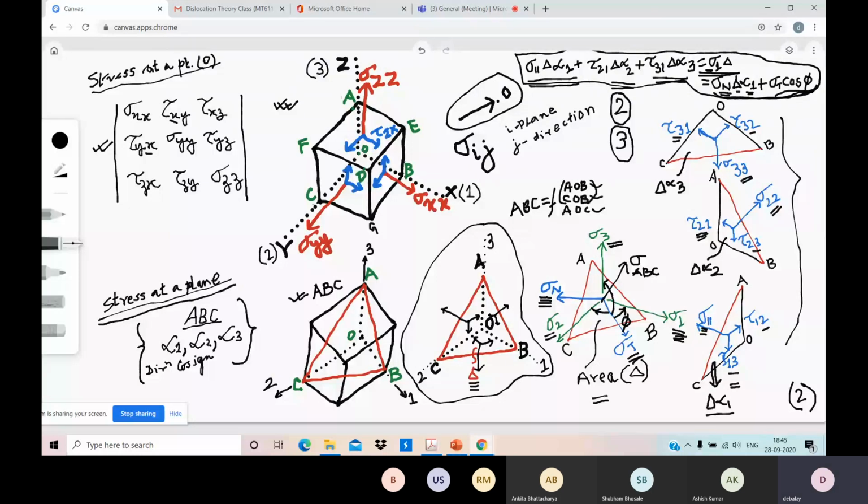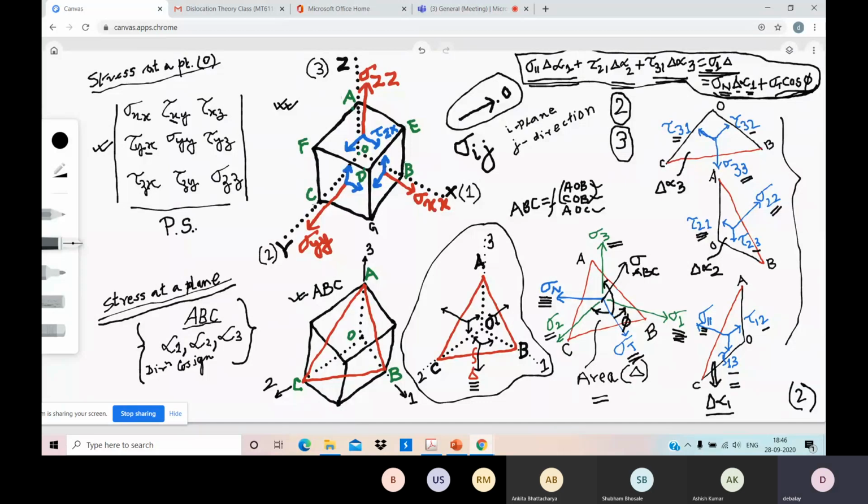Now we have an important consideration. You have the generalized form already defined. Now we have an important consideration that there is a term called principal stress. What is principal stress?